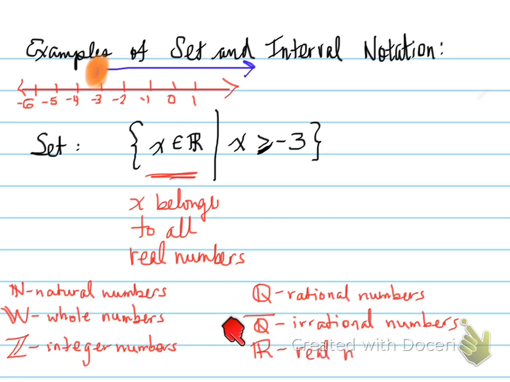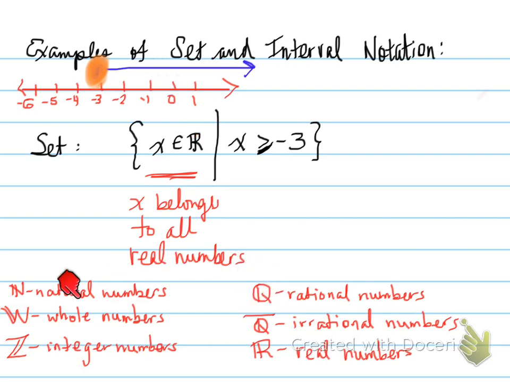And finally, this one represents all real numbers, that is, all numbers that are possibly graphable, and here they are, all real numbers.